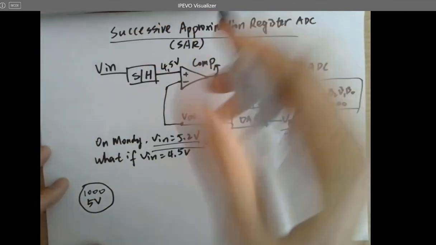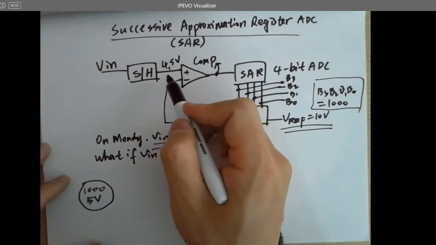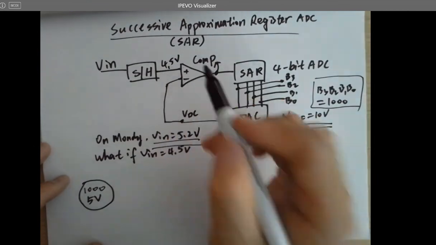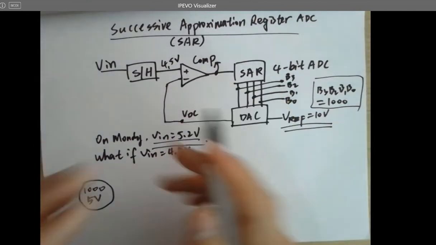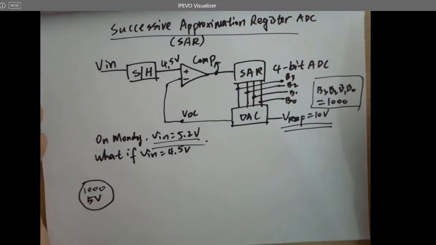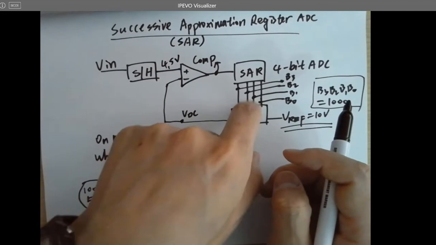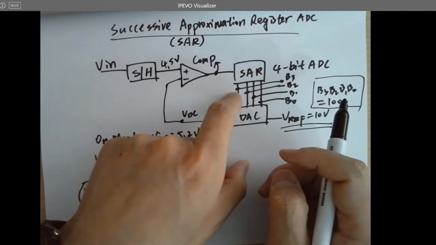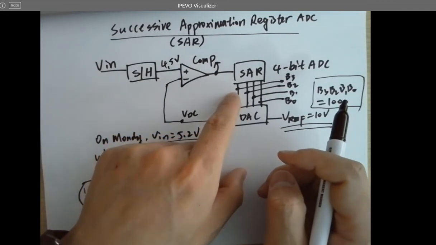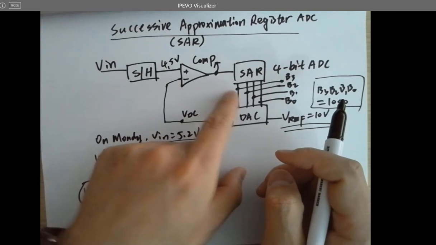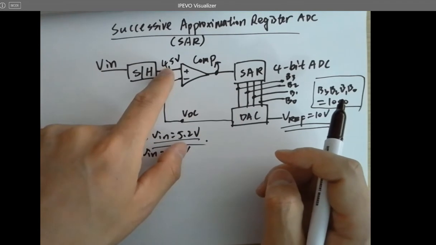being compared to 4.5 volts here. Because at this very moment, V-in is 4.5 volts, just 1 analog point. And I'm trying to use a series of clock cycles to get a digital value which is the closest to this analog value based on the resolution of the ADC, to represent this analog value in the system.